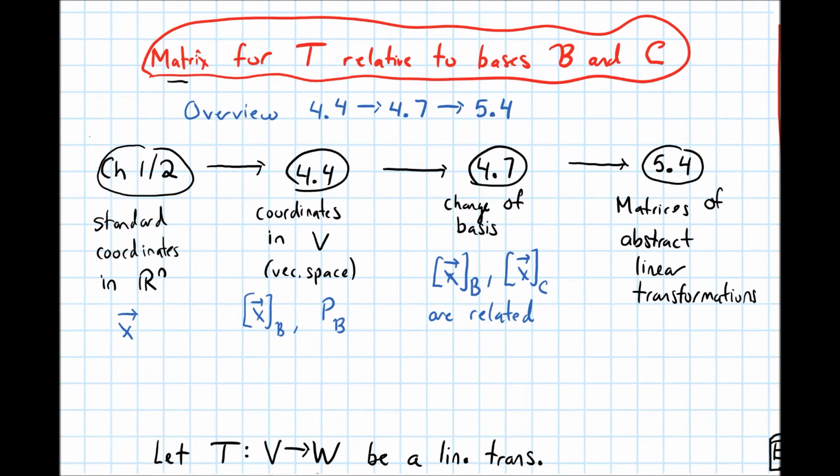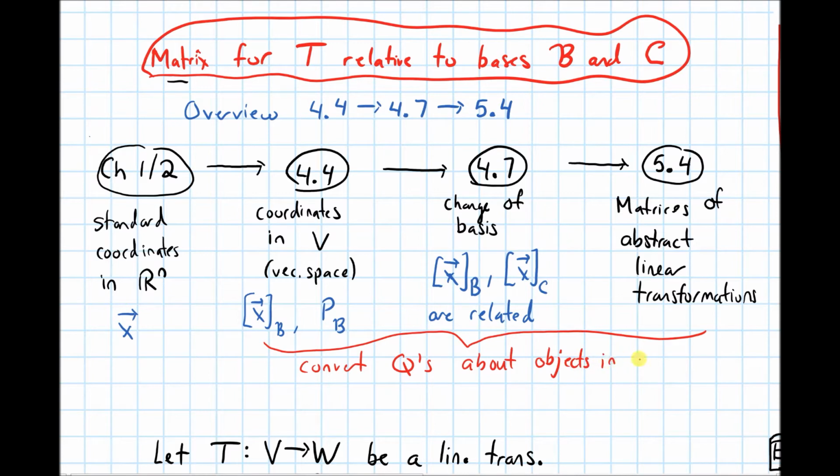So the main reason we do stuff with coordinate vectors, so that's all of the stuff in section 4.4 and 4.7 and even now in 5.4, is that using coordinate vectors, especially on abstract vector spaces, lets us convert questions, I'm just going to write Q's to represent questions, about objects in V, whatever our vector space is, even if it's an abstract vector space, to column vector questions.